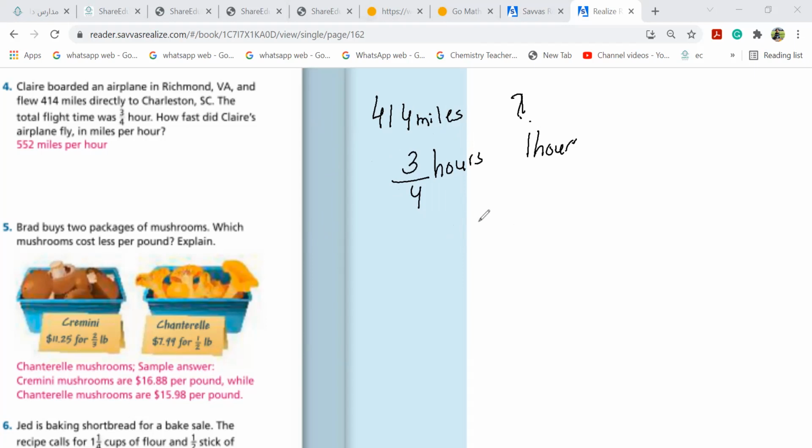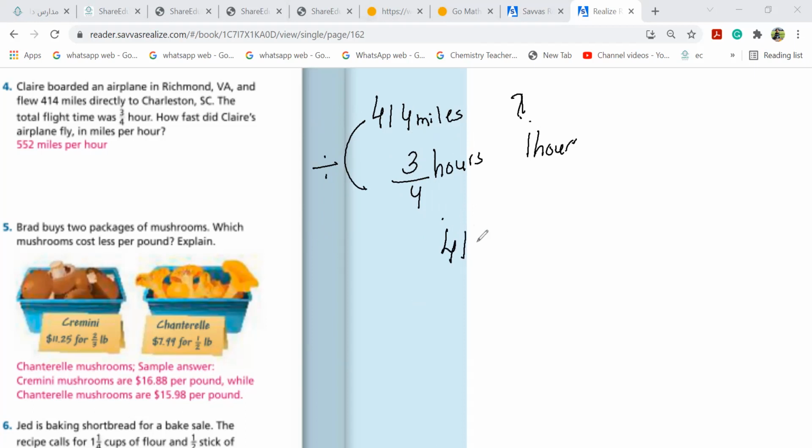What will I divide and what will I multiply? Come on, tell me. What should I write in the numerator? Ghalia. 414 miles takes 3/4 hours. So 1 hour, how many miles will I go? What should I do first?